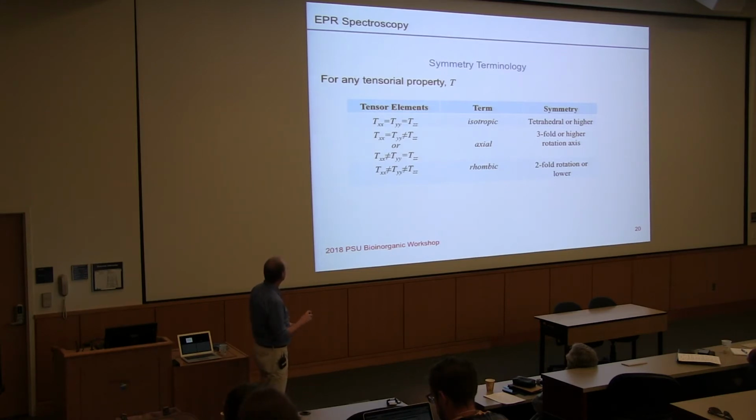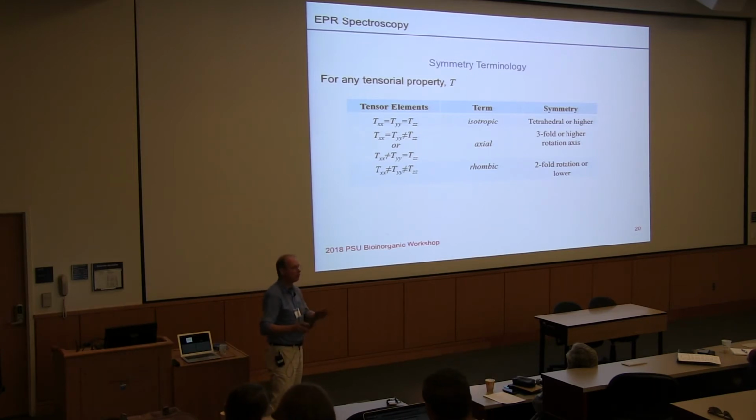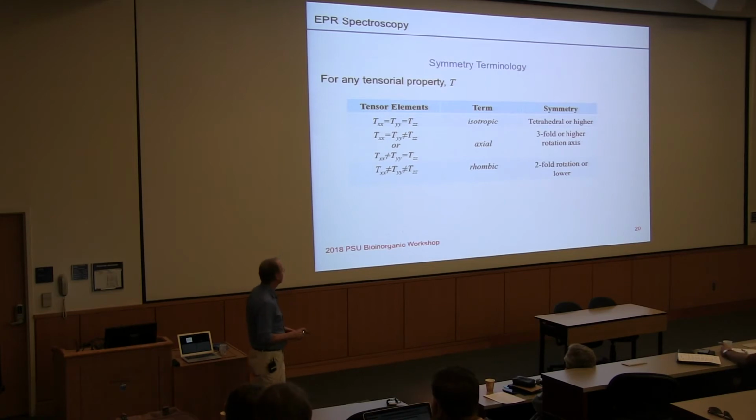So the simplest case would be if all three values were the same, then we would refer to the system as being isotropic, right? And we would have an isotropic G value, and that corresponds to a molecule which has tetrahedral or higher molecular symmetry, or the environment of the unpaired electron should have this symmetry. The other case is that we could have two of the values the same and one different, right? And this is referred to as axial symmetry for the tensor, and occurs when you've got a threefold or higher rotation axis in the local environment, right?